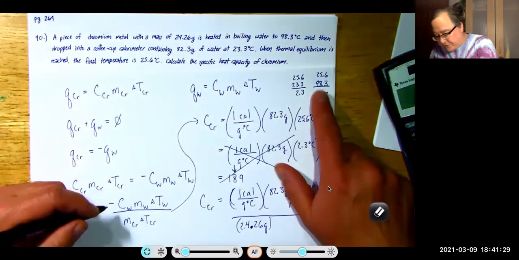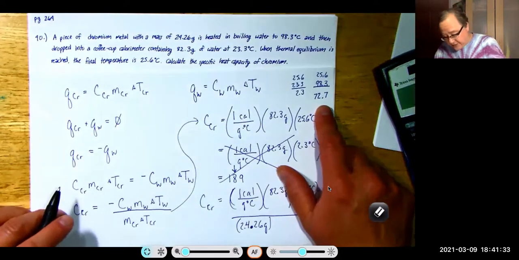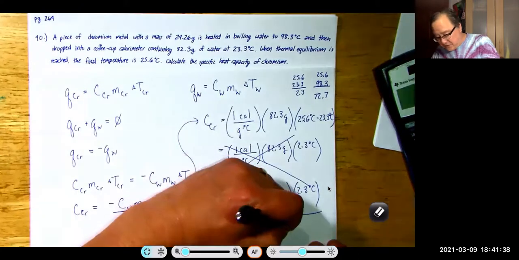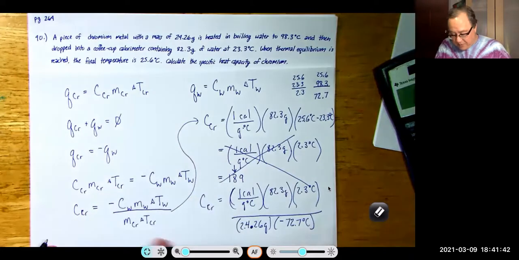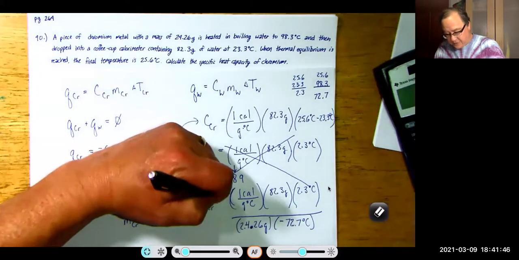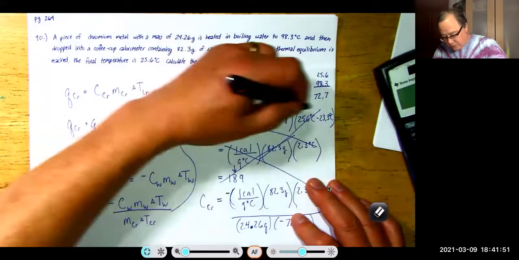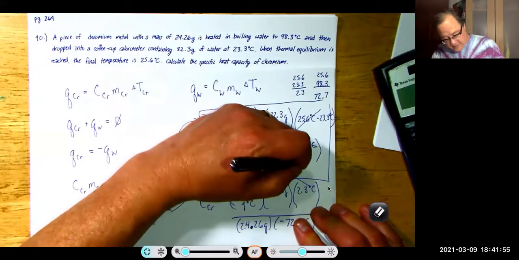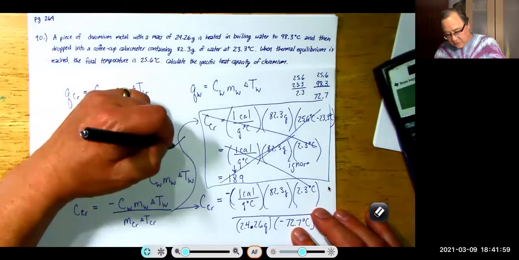And 9 minus 2 is 7. So there's a 72-degree temperature change, and we put negative 72.7 degrees Celsius. Now, remember, there's that negative there, which needs to go right here. So I'm going to cross all of this stuff out, and we're going to put a little box around it and say ignore. And we're going to take this little arrow and go here instead. Ignore.